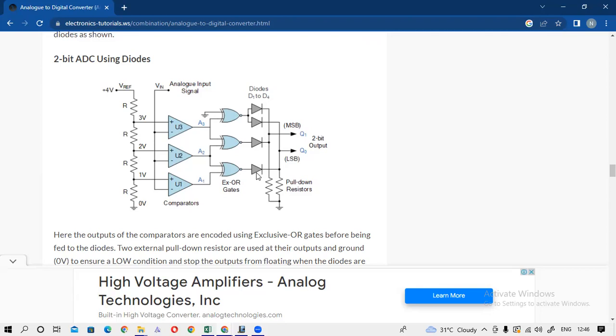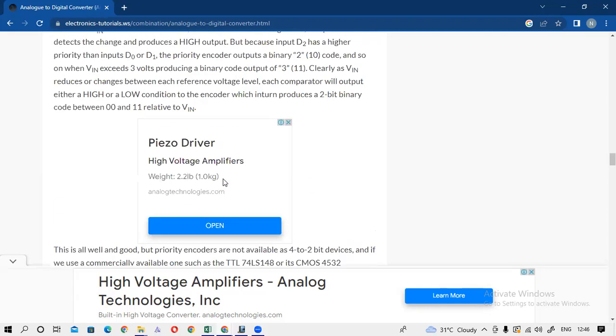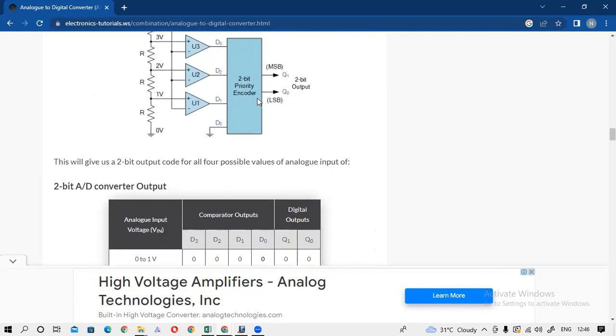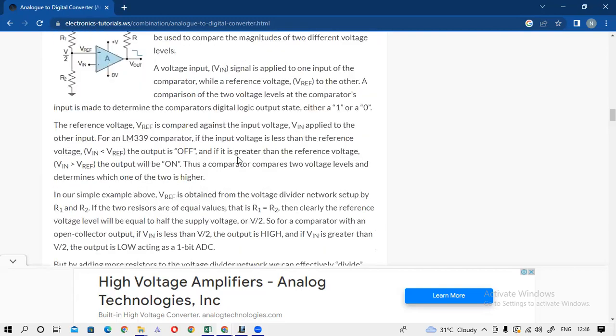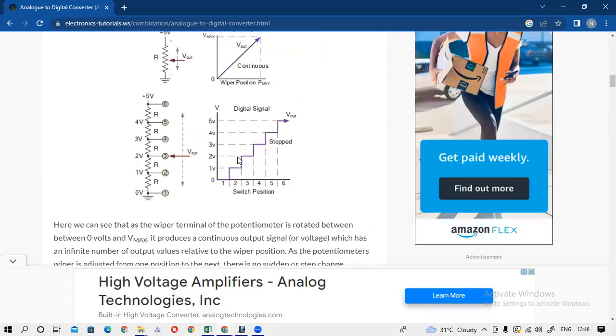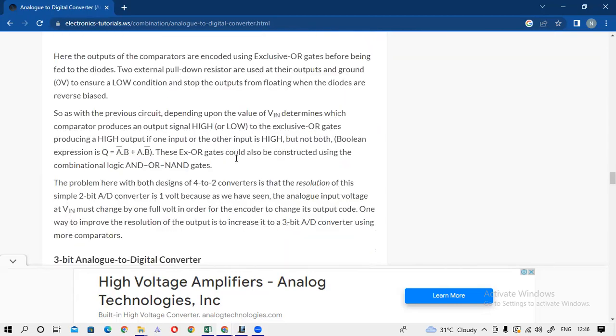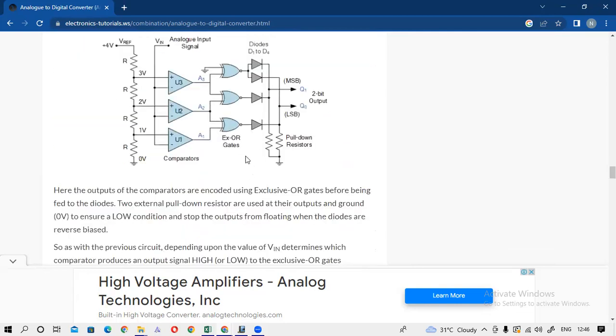So this is actually the mapping circuit, and it is also referred to as an encoder. It is an encoder actually. You can implement it using XOR and diode, and there are many ways; I think you can use XNOR also.